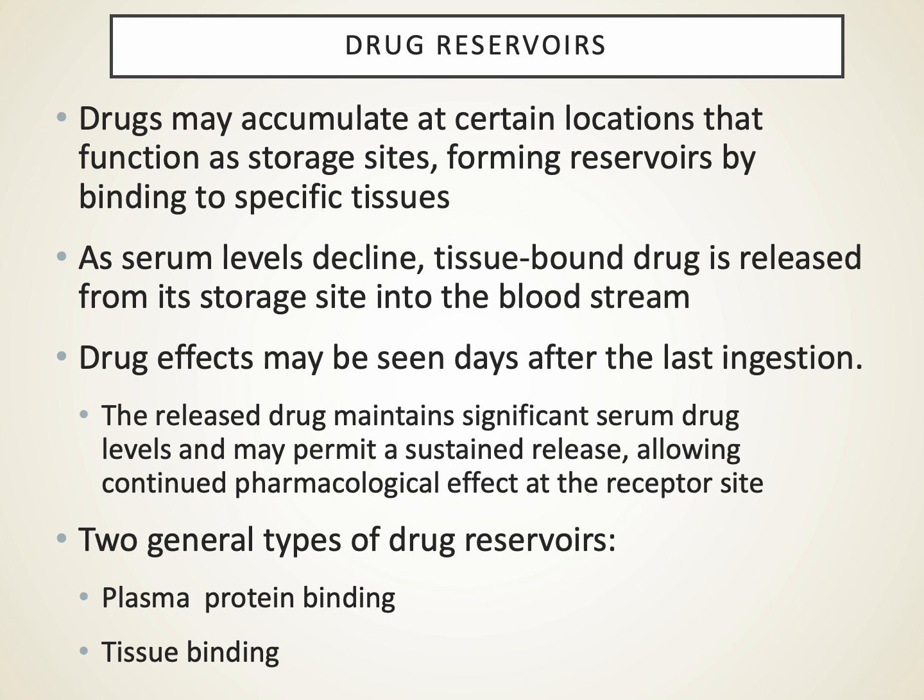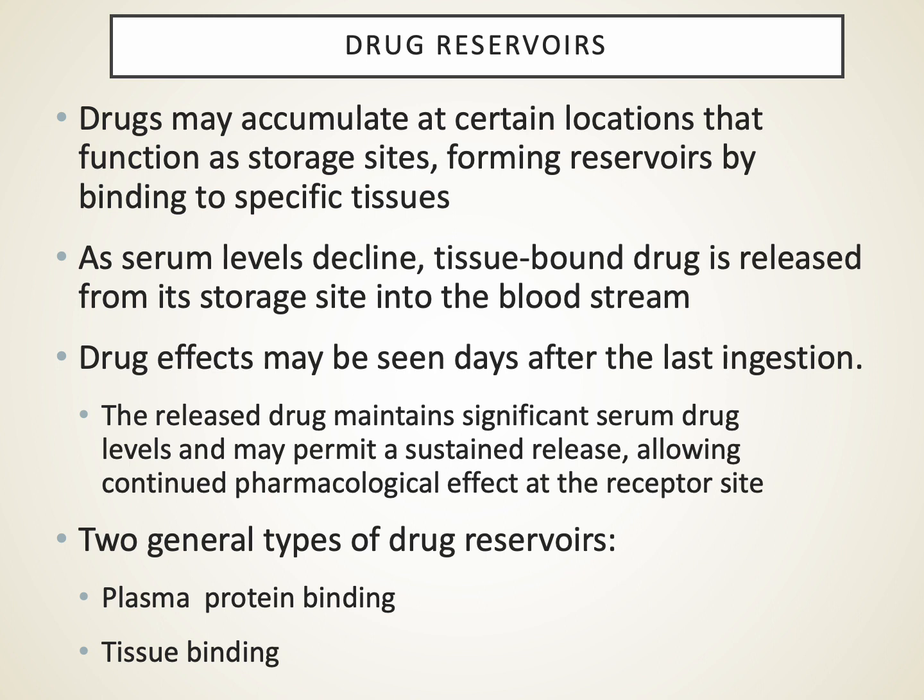There are reservoirs where drugs can hang out. One of the places that we see drugs accumulating is on sites where they have some affinity or binding. The two classic places where drugs will bind temporarily, not exerting a physiologic or pharmacologic response, but just hanging there because of their three-dimensional or electrical charge configuration, are proteins in particular.